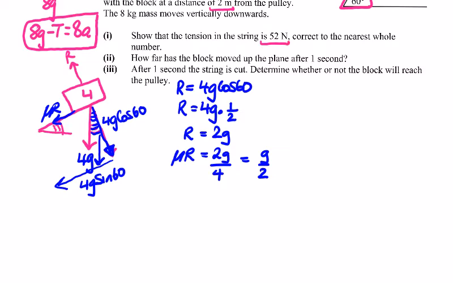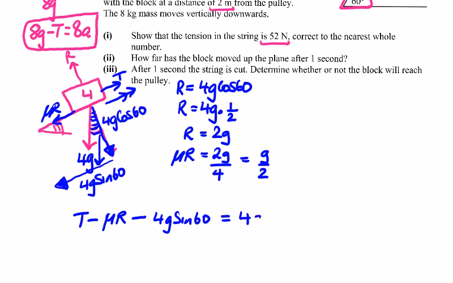So we have tension in the string in this direction. We also have acceleration in this direction. So I could set up my equation now. I have T minus mu R, if you want to put it in like that first, minus this one here, also going in that direction, 4g sin 60. Just to give it its long form, this is equal to ma, which is 4a.